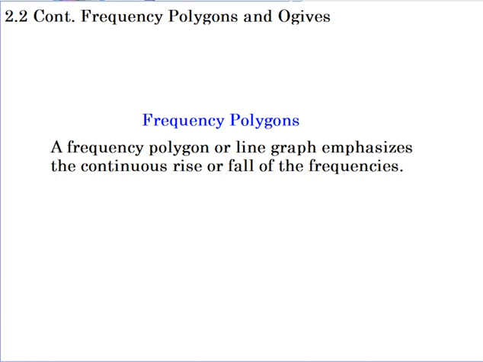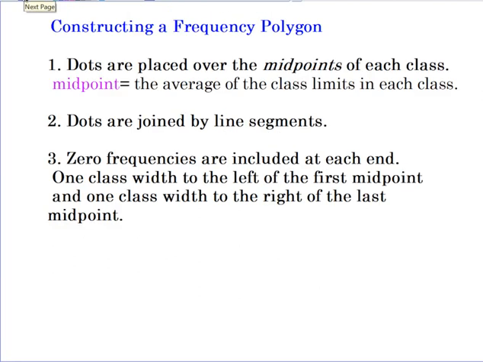A frequency polygon is a line graph that emphasizes the continuous rise or fall of the frequencies. So it's basically taking your histogram and turning it into a line graph. The dots are going to be placed over the midpoints of each class.